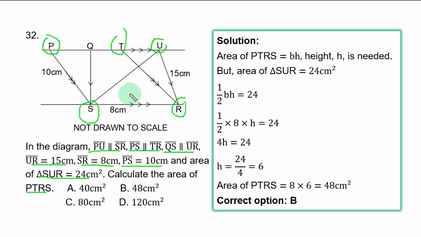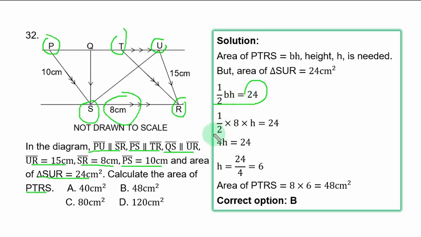In that triangle, the base is 8. So you have 1/2 times base times height as the area of triangle SUR, and it is equal to 24, the value for the area.